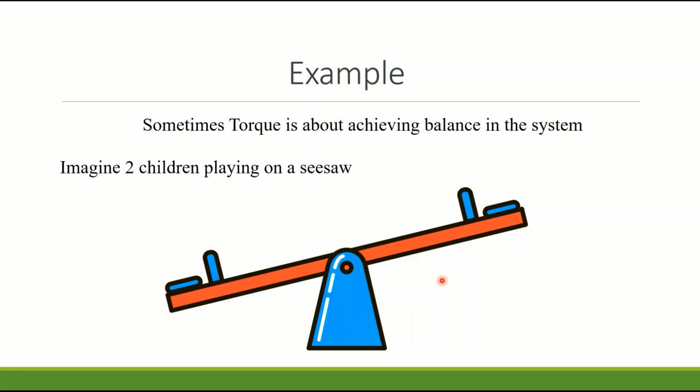Remember, most of the time, torque is important for finding the right combination of force and distance to achieve the desired movement or balance in a system. This is very important in physics.